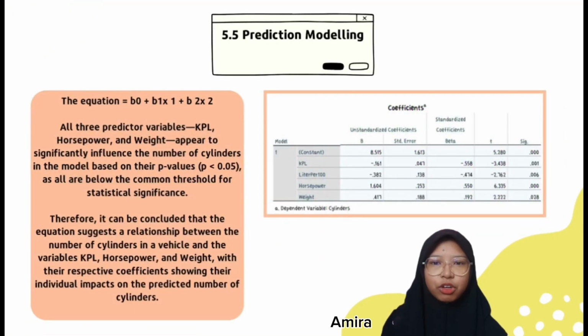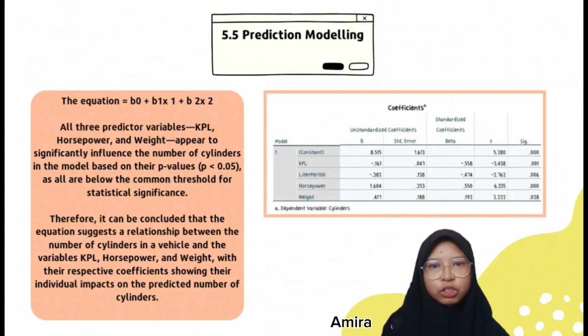Lastly, we move on to the coefficients. The equation is shown on the slide, which is B0 plus B1x1 plus B2x2. All the predictor variables, liter per 100, KPL, horsepower, and weight appear to significantly influence the number of cylinders in the model based on their p-value, which is p less than 0.05, as all are below the common threshold of statistical significance.